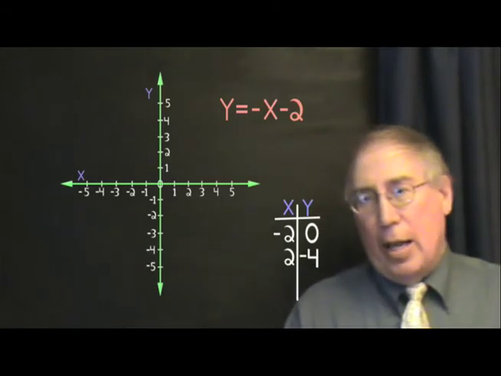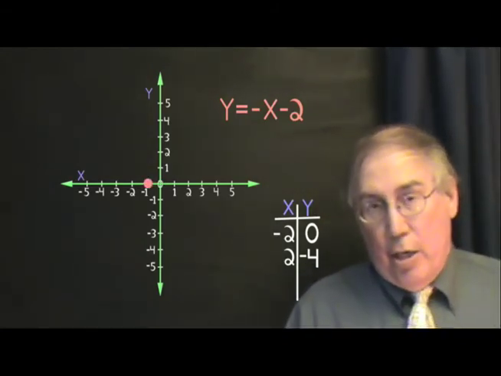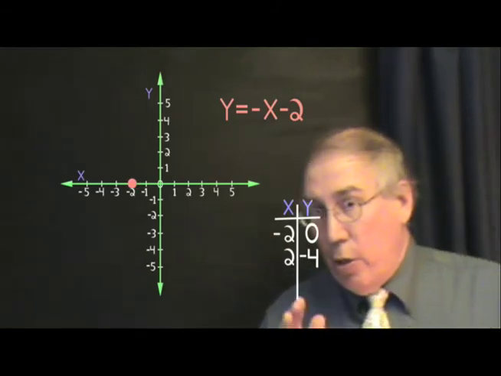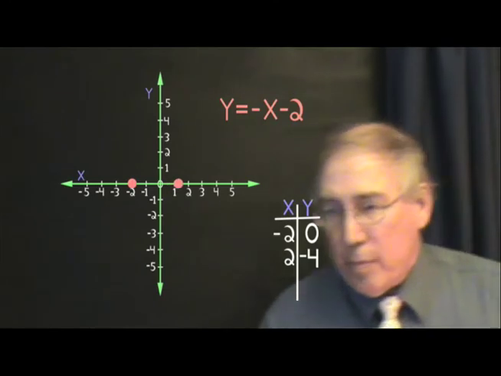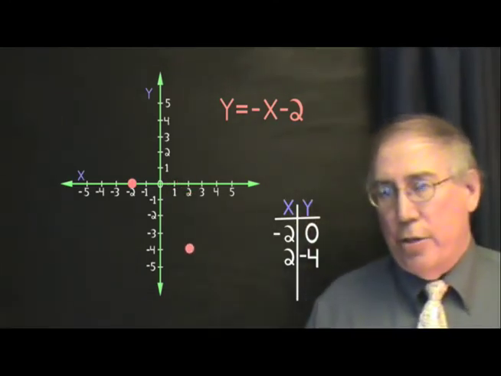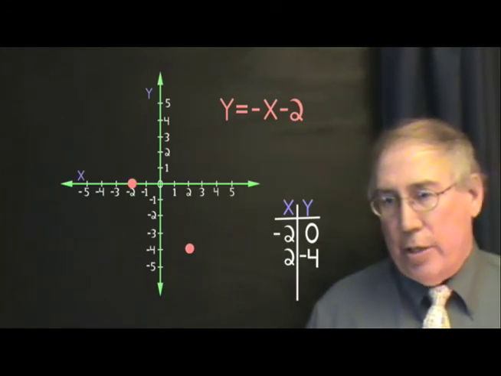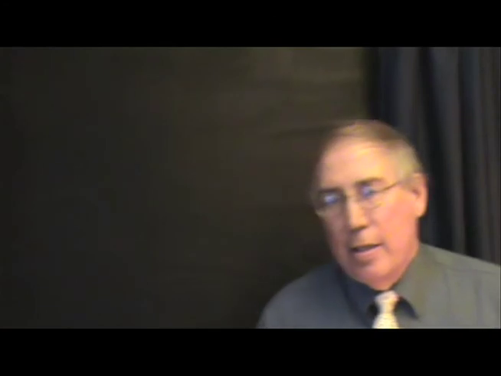And notice that it has a negative out in front of the x, so the slope is going to go towards the left. So we go 2 to the right and 0 on the y-axis, and then 2 to the right and 4 down. Draw our line, and so that line matches with y equals -x minus 2.